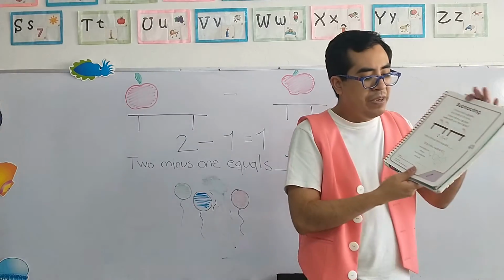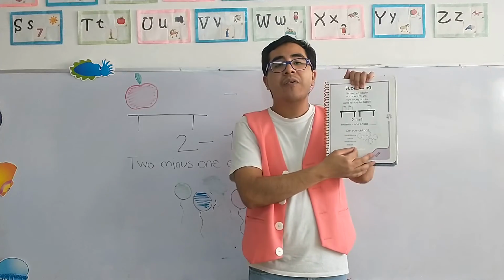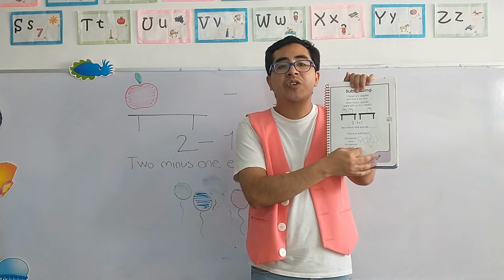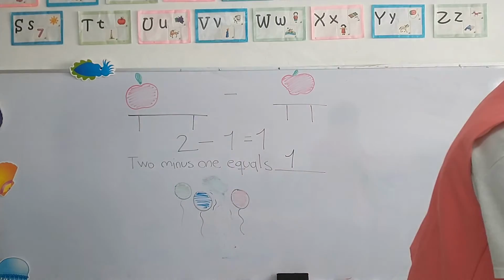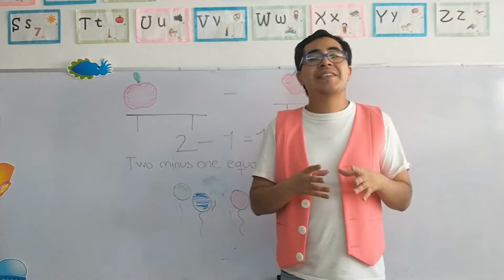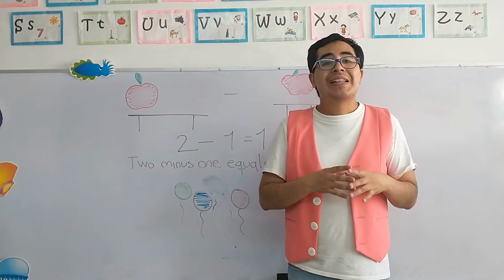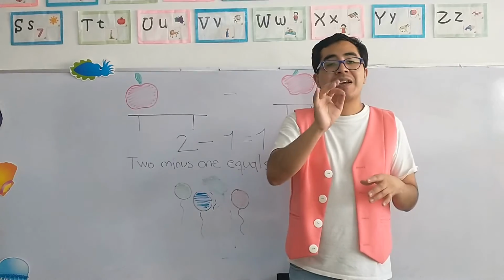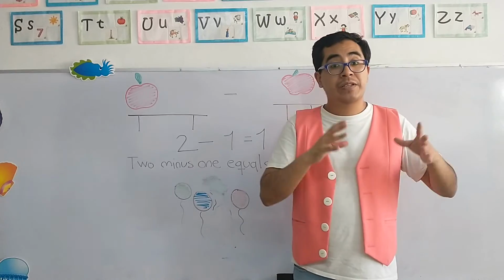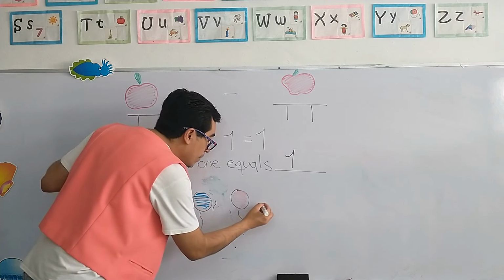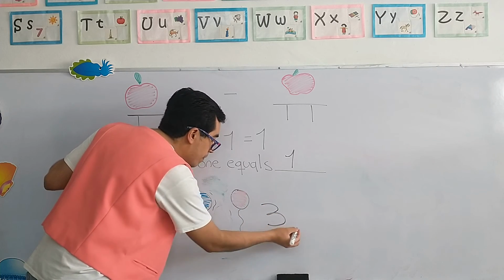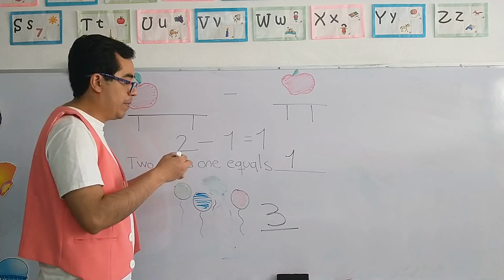So, here in this line, we are going to write the result, which is number 3. Remember, the number 3 is the number that looks like a snake. Recuerden que el número 3 es el que se parece a la víbora. That's number 3.